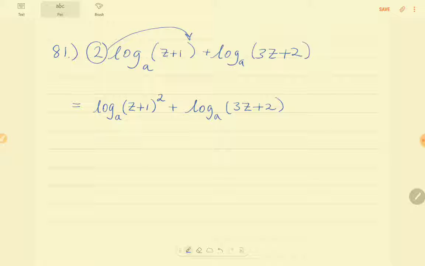And then we've got 2 logs of the same base being added, so what we can do is condense this into a product of their arguments. So a single log of the product of the two arguments.